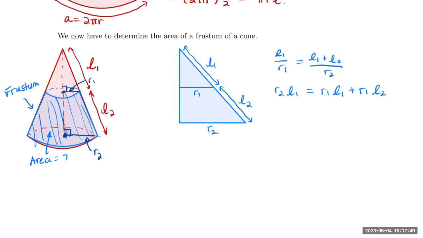So we want to solve for R1L2. So let's bring this term to the other side. So we have R1L2, which is equal to R2. I'm going to common factor out the L1. So we have R1L2 equal to R2 minus R1 times L1.